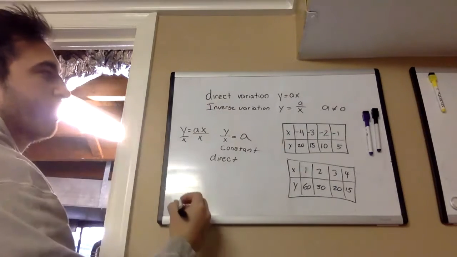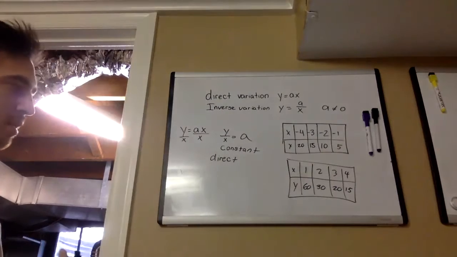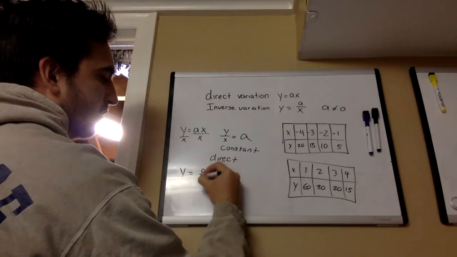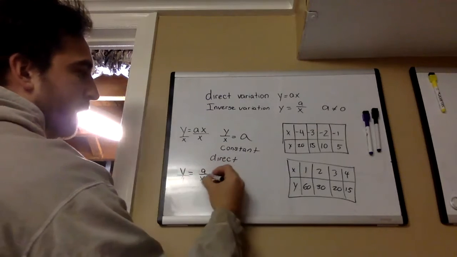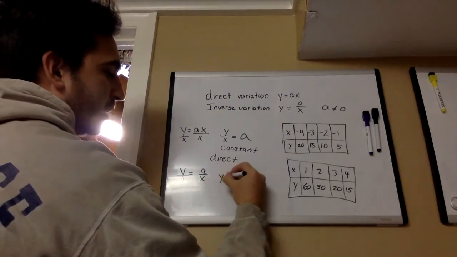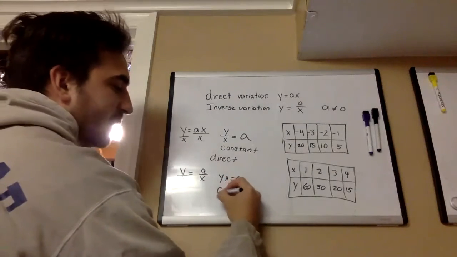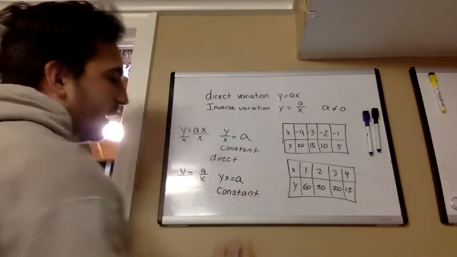Now, if we do the same one for the inverse, we have y equals a over x. If I solve for a, we cross multiply, we will end up getting yx is equal to a. Once again, if this one is constant, then it would be inverse.